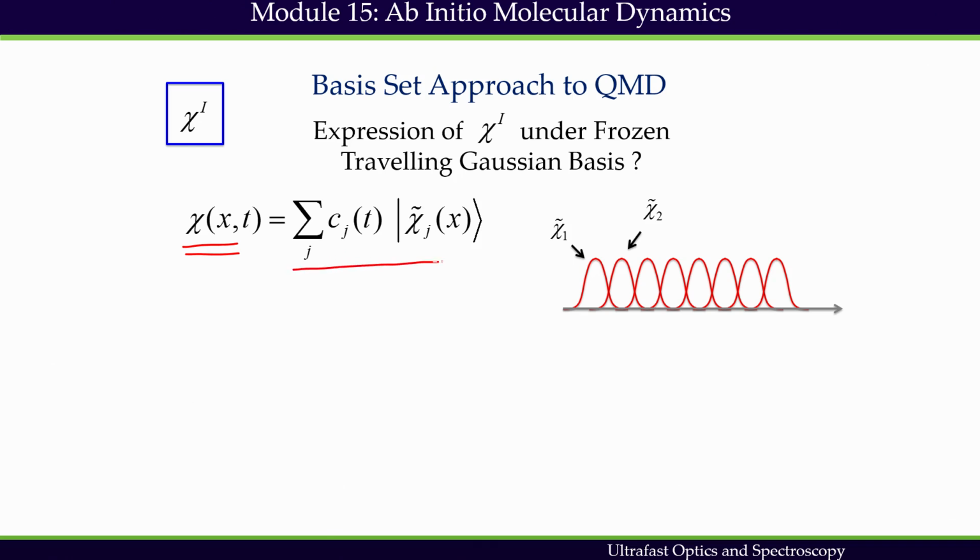What does it mean? It means that each trajectory is represented by a one-dimensional traveling Gaussian. So I will consider this chi is nothing but a one-dimensional traveling Gaussian. We do not have any product of different Gaussians because we have only a single atom and one dimension.